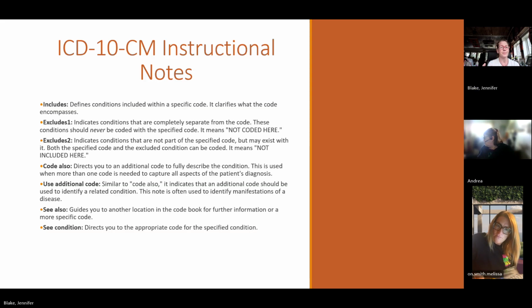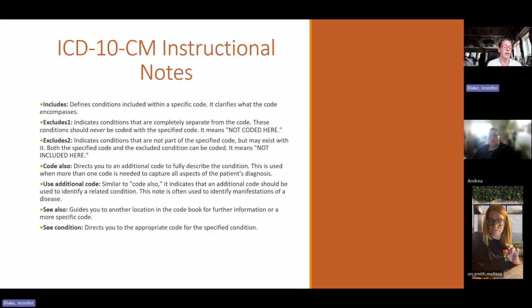Excludes2 means it can go with it, but it's just not included with that code. So you might have to do some digging around and see if maybe it should be included. It can be. It just means that the code you're currently looking at doesn't include that in there. So 2 big different terms there.